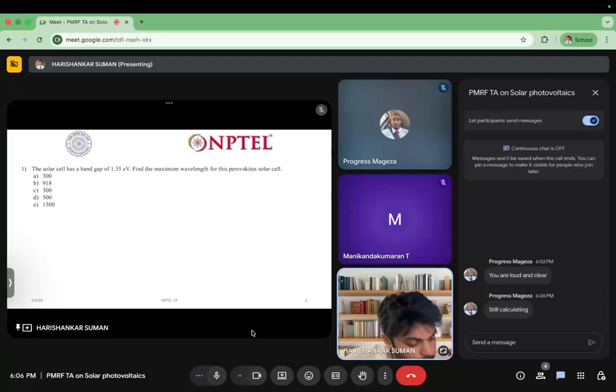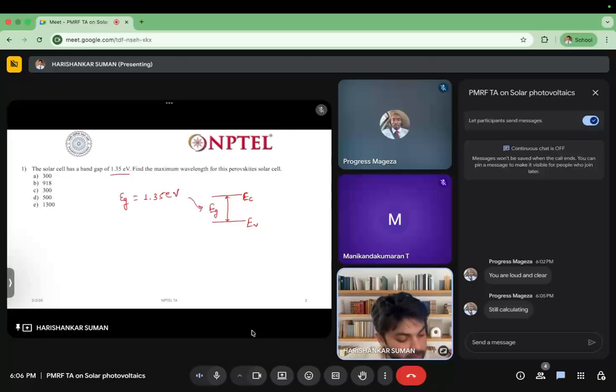Okay, you have band gap. Eg is 1.35 electron volt. Let me recall for you. You have conduction band, valence band, and this is the band gap, Eg.